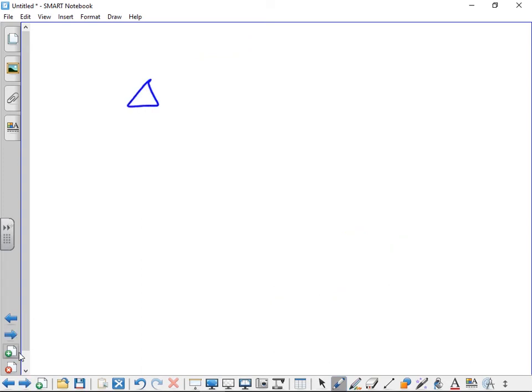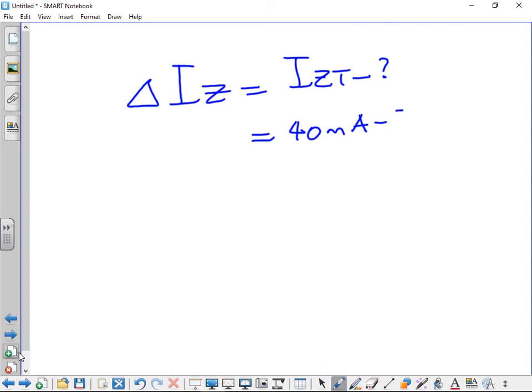The change in current, which we will get when we calculate, is most of the time IZT minus the current at which your Zener current has changed towards. So in other words, if IZT changed to 20 milliamps and it was given as 40 milliamps, then your change in current will be 40 milliamps minus 20 milliamps.